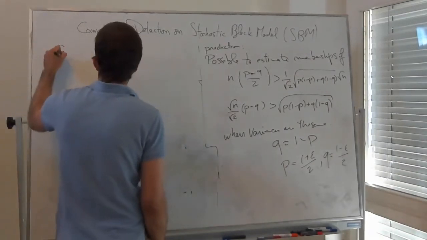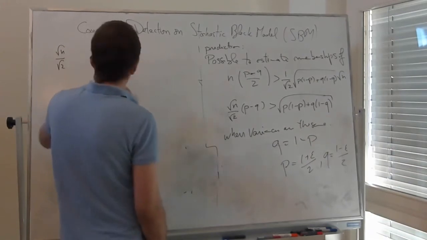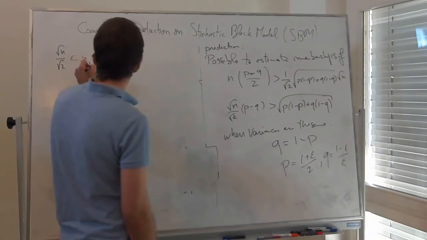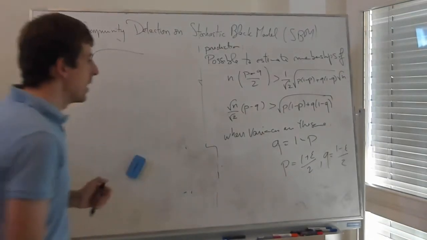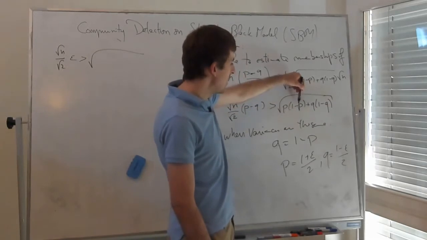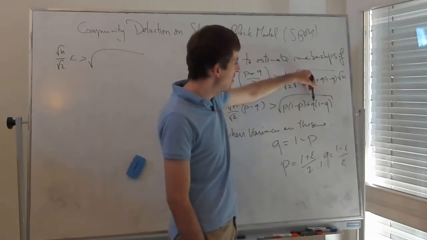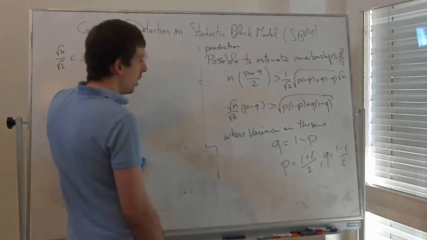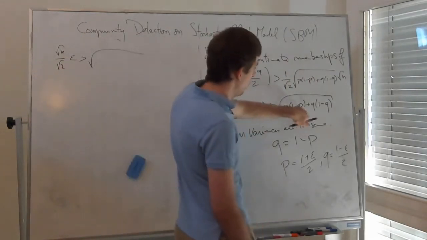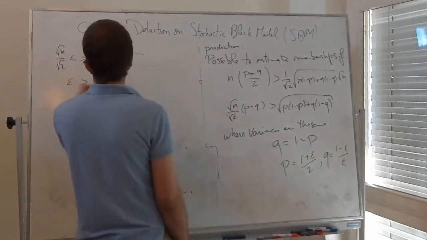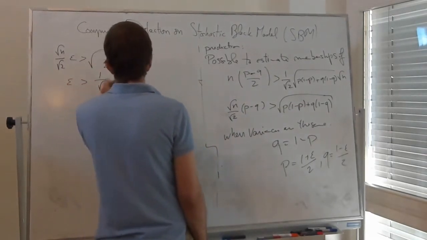In that case, we would get root n over root 2 times epsilon, P minus Q is epsilon, is bigger than essentially something like 1/2 times 1/2, plus 1/2 times 1/2, so 1/4 plus 1/4 is 1/2, 1 over root 2. So we get something like epsilon needs to be bigger than 1 over square root n.